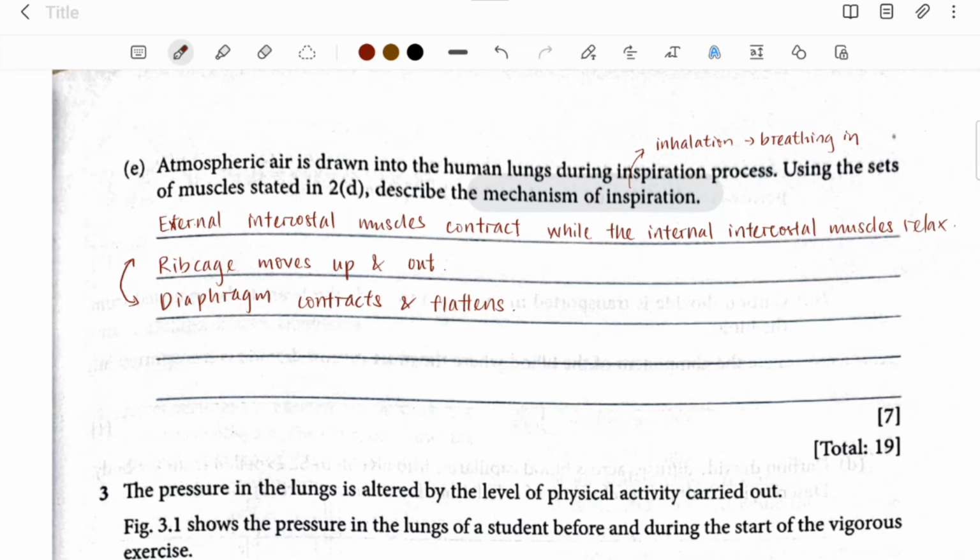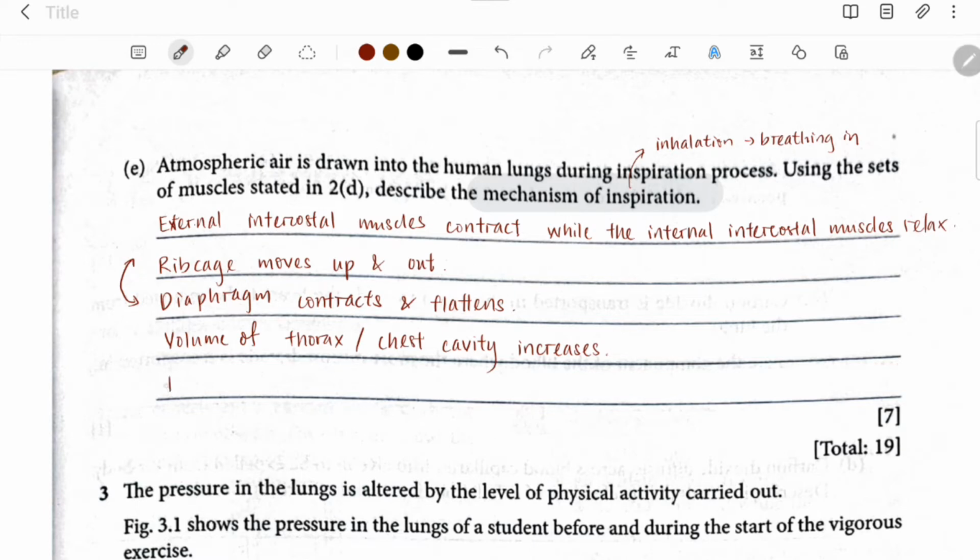And then after rib cage moves upwards and outwards, this means that the volume of thoracic cavity, or you can write thorax, or in easier terms, chest cavity, increases. When the volume increases, pressure will decrease.